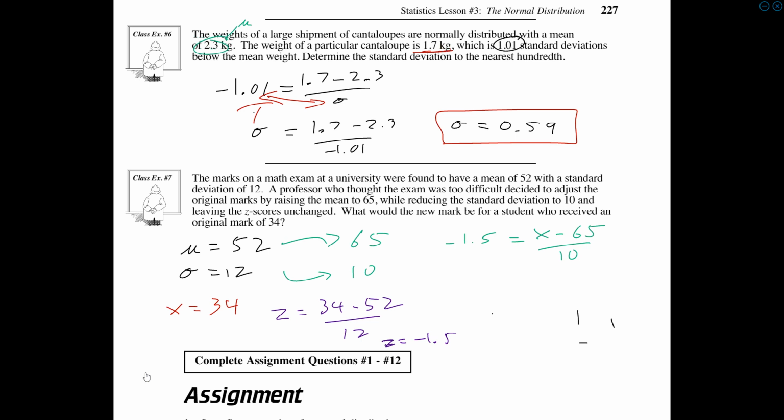So 10 times negative 1.5 is negative 15, and 65 minus 15 ends up being 50. So her new mark is 50%.